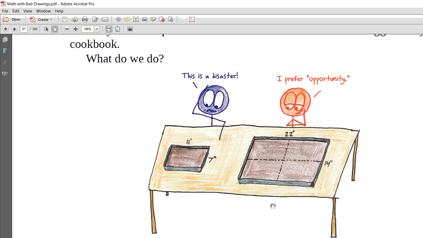If I'm going to double the dimensions of the pan, how many packages of brownie mix do I need to add? I'm going to need 4 to fill that up, not 2, because if I only doubled one length, I would need 2, but you're doubling a double. And what's double a double? 4. 2 times 2 is 4.